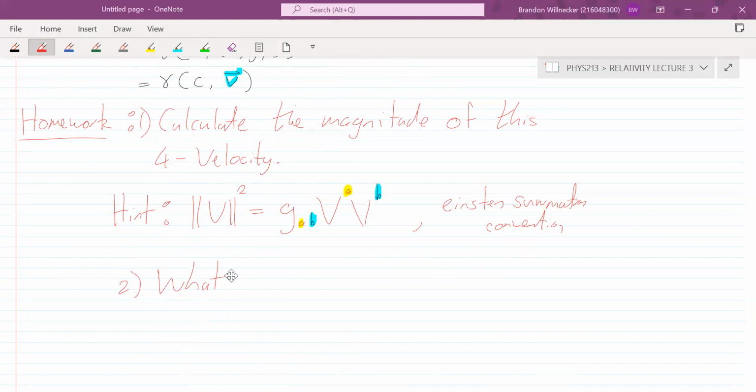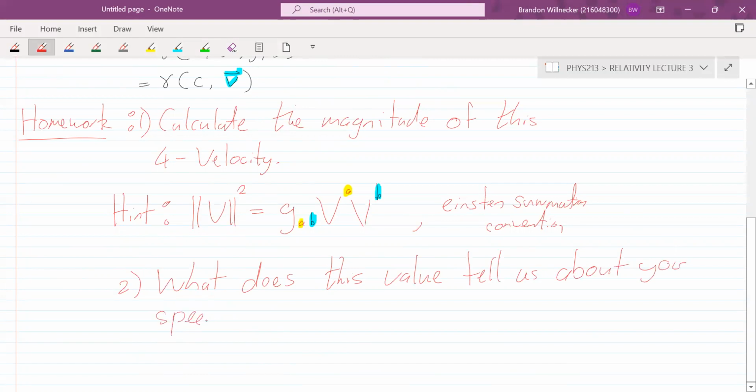Not your speed through space, but your speed through space-time. So what does this value tell us about your speed through space-time? Okay, so after question 1, you should get a nice result, and then please tell me the physical consequences of that result. Okay, that's part 2.